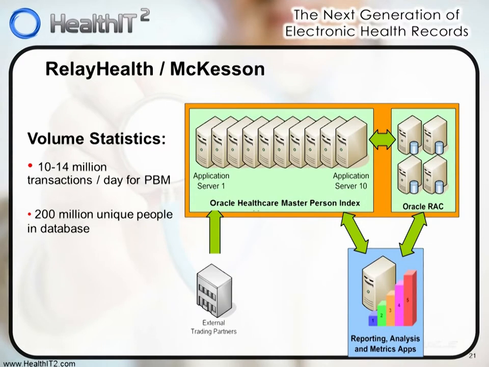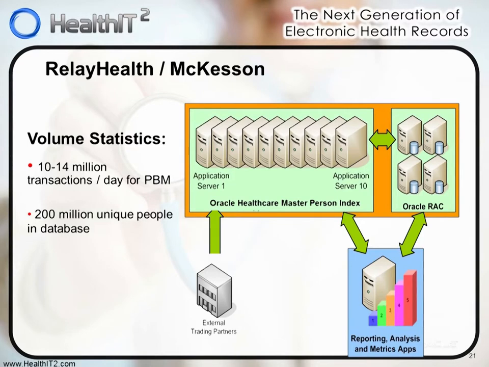Next example here, Relay Health or McKesson. It actually serves the clearinghouse for Relay Health, and you can see just an example of some of the transactions that are processed per day in the tens of millions, as well as the sheer volume of records in that database.